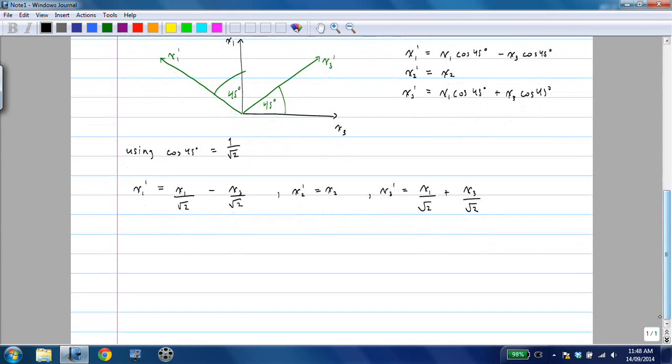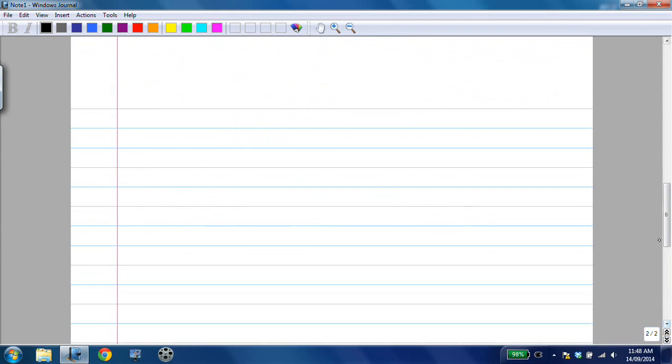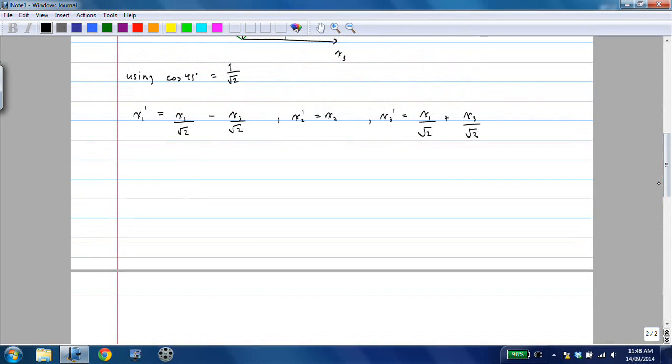Or if we write this in matrix form, x1 prime, x2 prime, x3 prime. So if we write this as a column vector, this must be equal to our transformation matrix here, which will be x1 prime equals x1 over the square root of 2, so this will be 1 over the square root of 2.